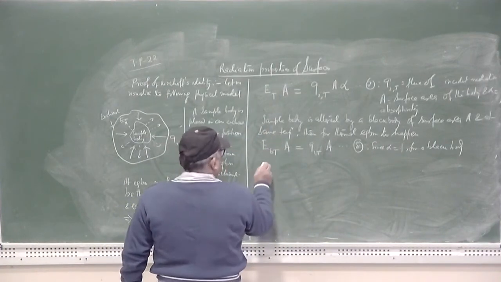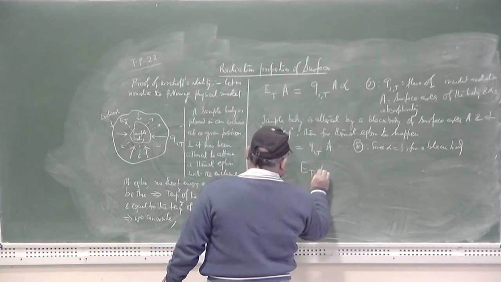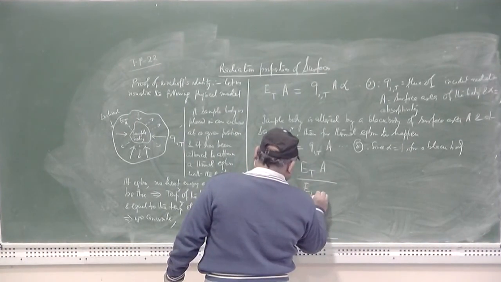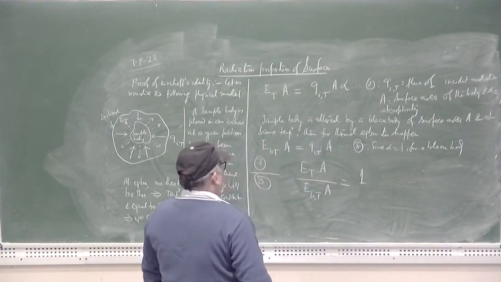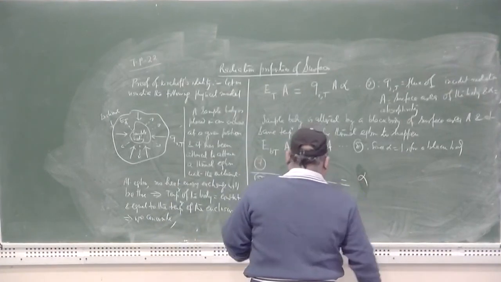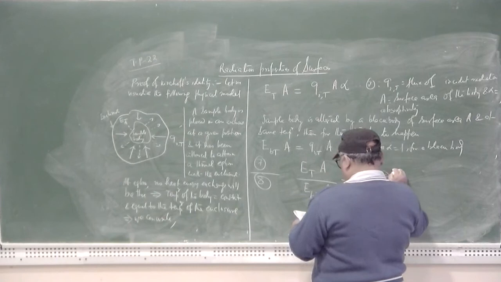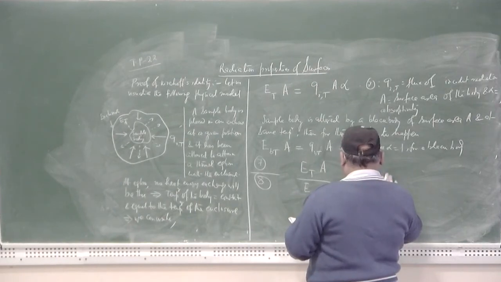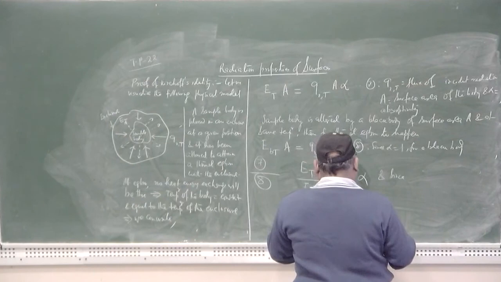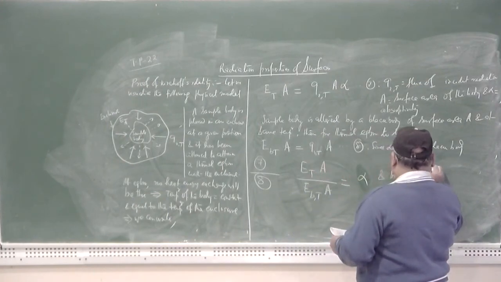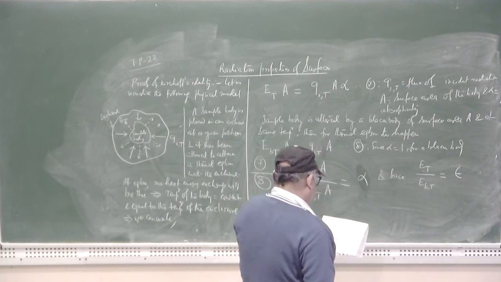by dividing equation 7 by equation 8, you can write E t into A divided by E b t into A, that should be equal to alpha. And what is this quantity E t divided by E b t called? That is called the emissivity, epsilon.